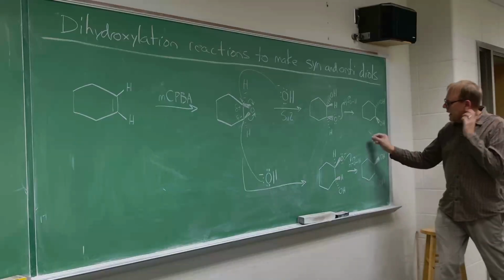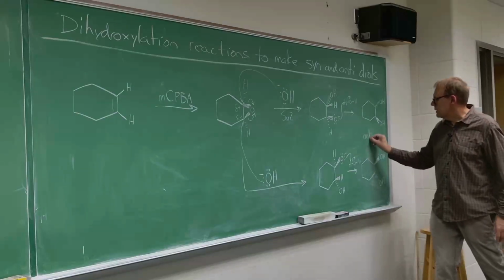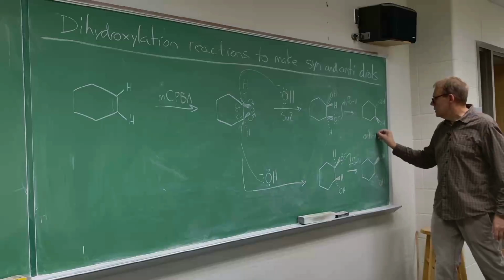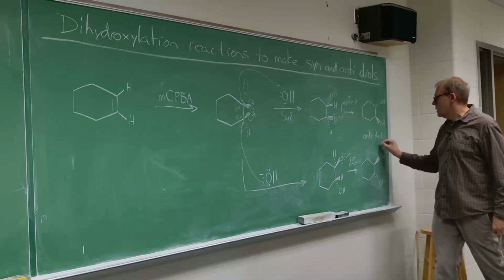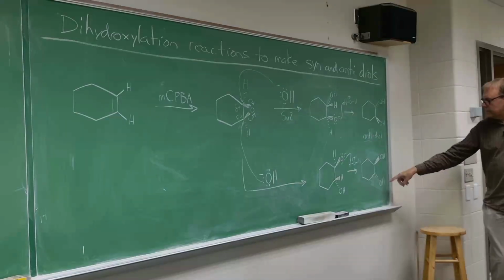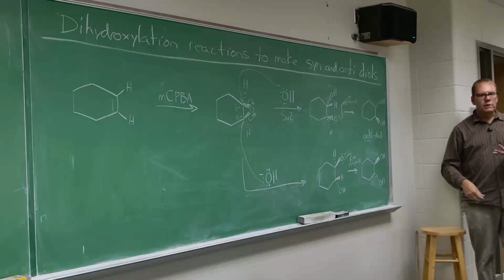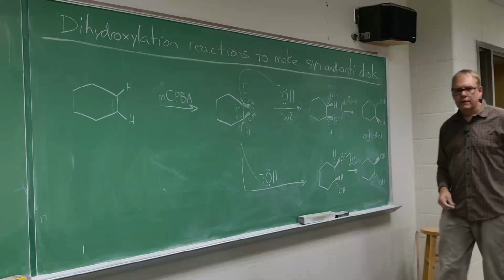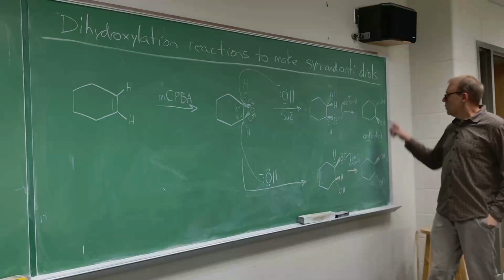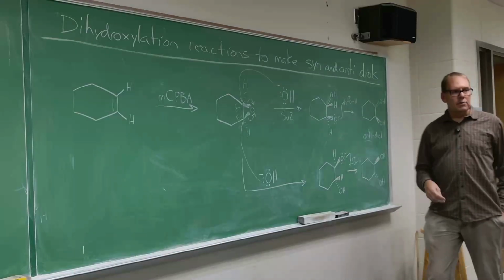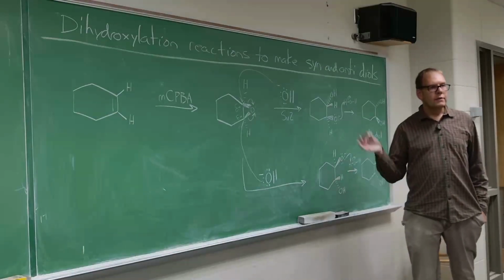So these are both anti-diols. The reason they're anti is the OH groups got added to opposite faces of the carbon-carbon double bond. So if the OHs are pointing in opposite directions, that's an anti-diol, and this is the way to get it.